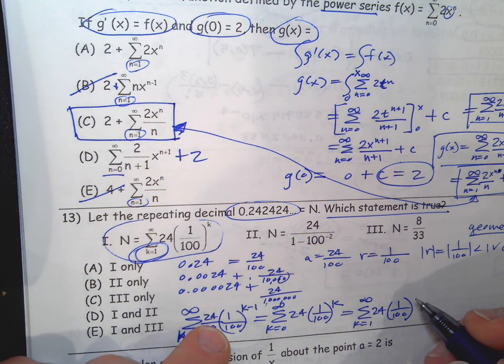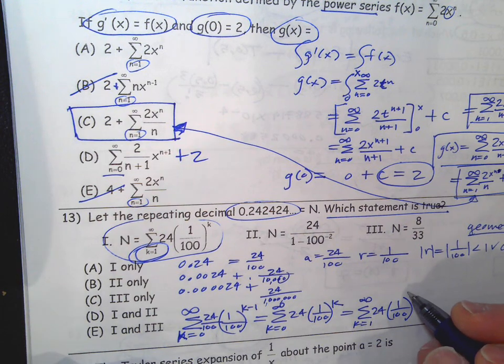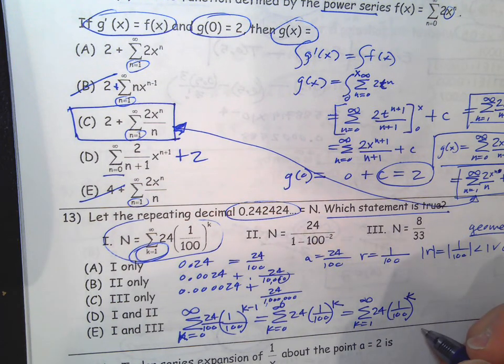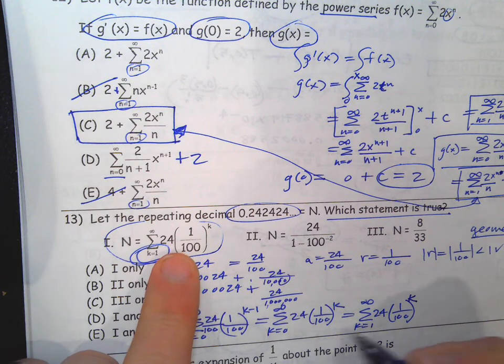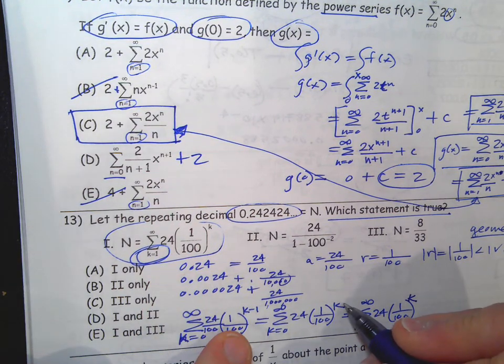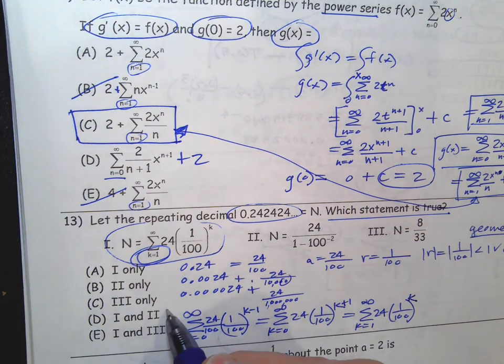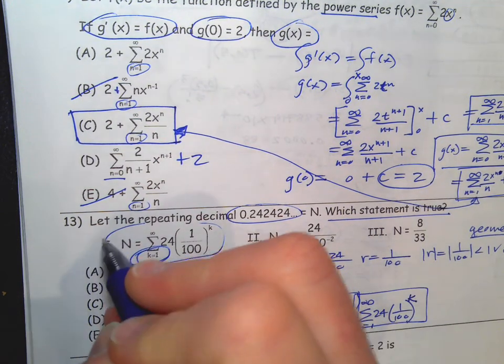Okay, let me think for a second. I think that's right. This doesn't match that, because this one should be k plus 1. Yeah, that's what it should be. So these all are the closed form. Okay, so it actually does look like it matches this.